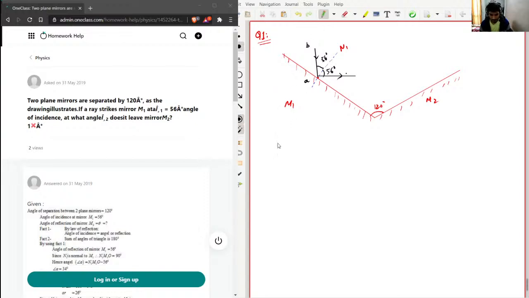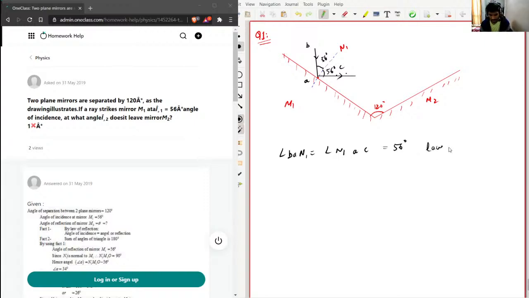So my angle BAN1, let's say this point is C, will be equal to angle N1AC, and this will be 56 degrees, because of the law of reflection.